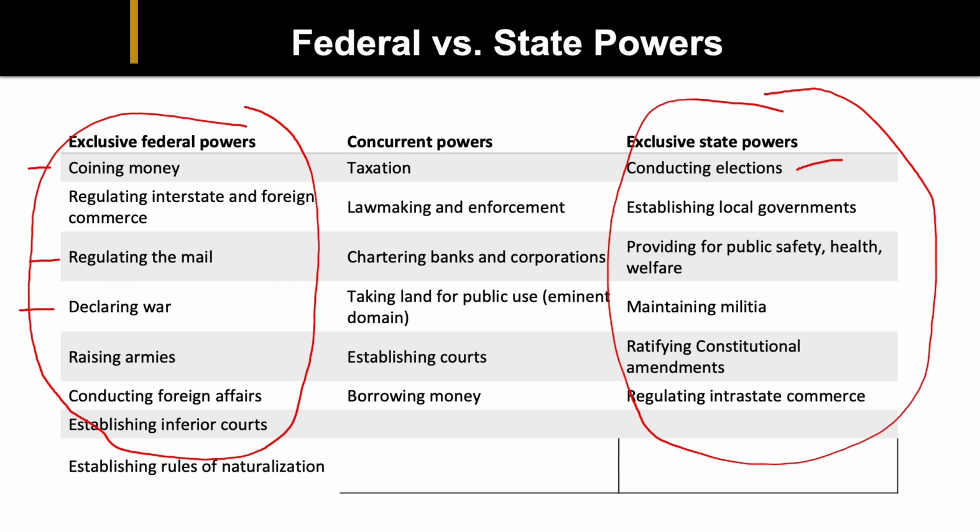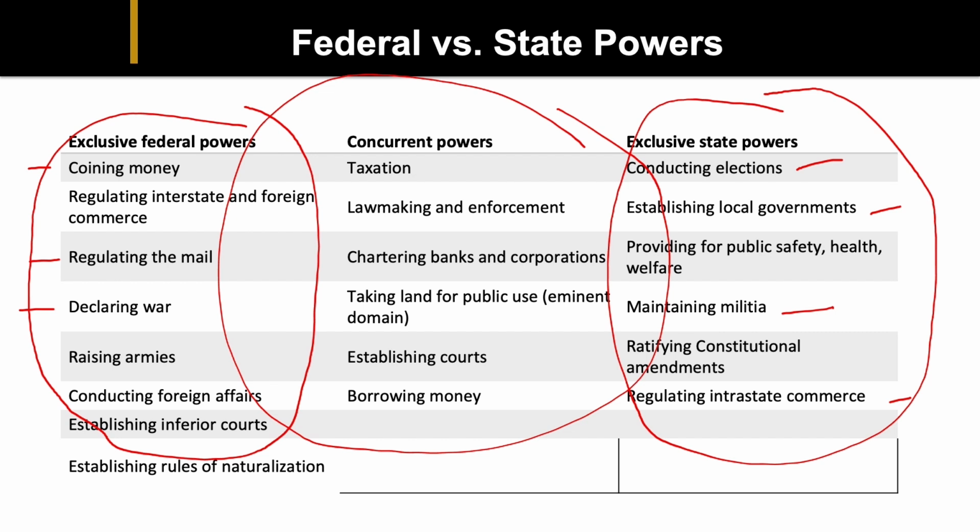Conducting elections has been a focus lately. Establishing local governments, maintaining a militia, etc. Then there are some powers that are shared. Concurrent powers are powers that both the federal government and the state governments have: the ability to tax, set laws, establish courts, borrow money, etc.